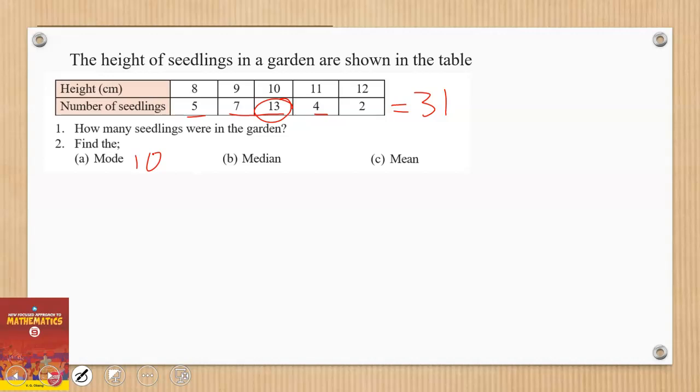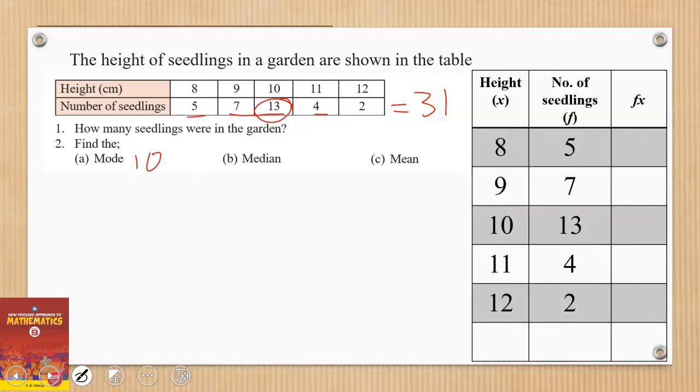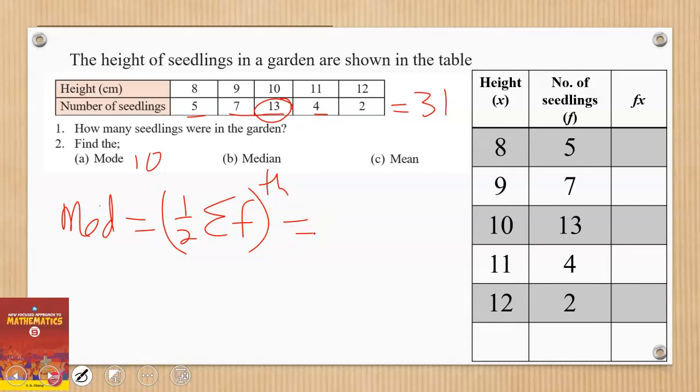The median, once again, we need to redraw the diagram this way, and then we can say that median is equal to half summation of f, that is the position, right? Position. And so summation of f is 31.